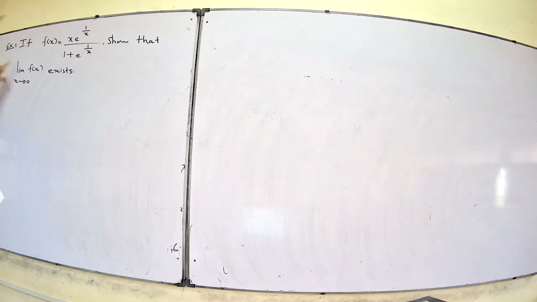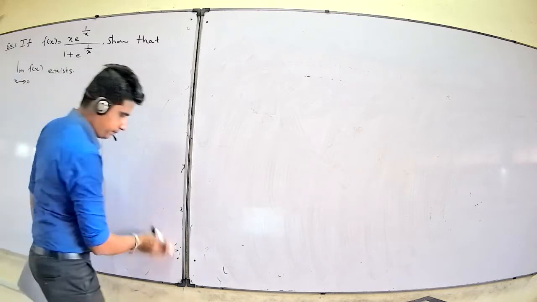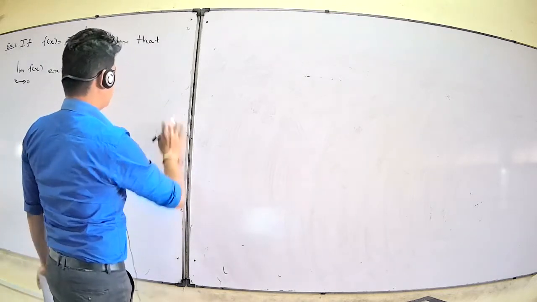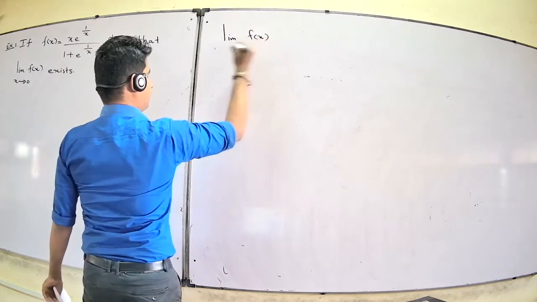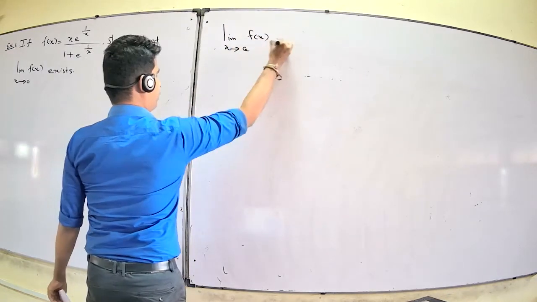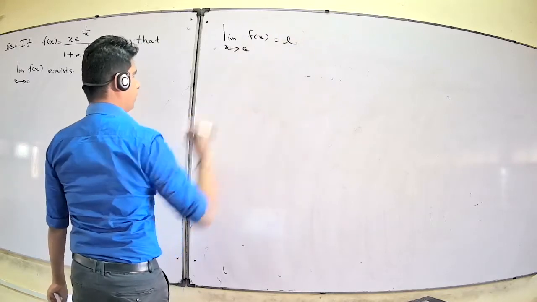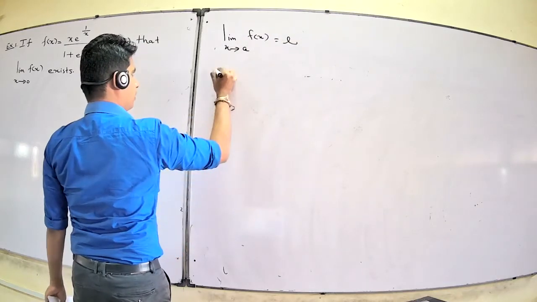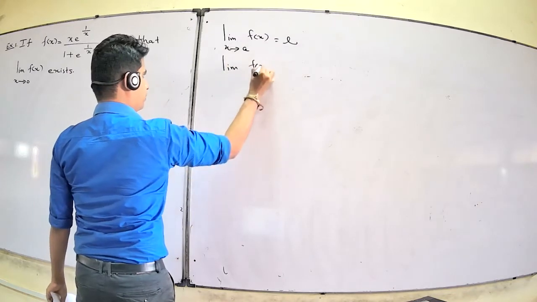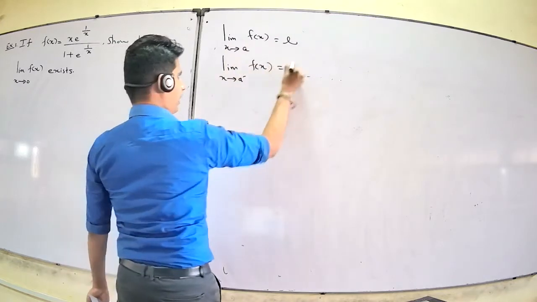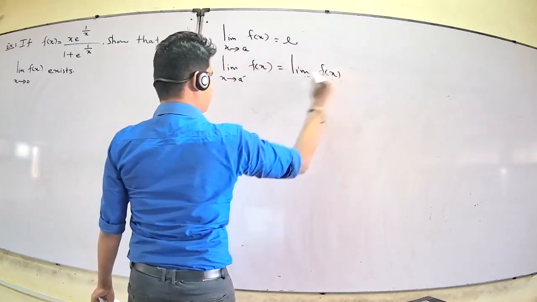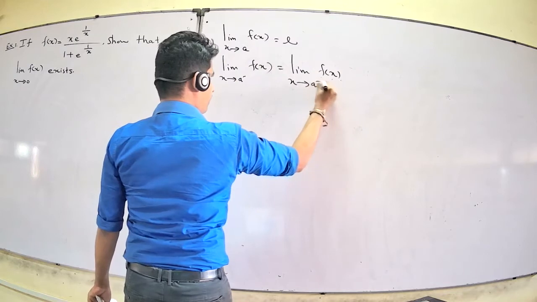For this question, first of all, you want to understand what it means for this limit to exist. Suppose the limit of f of x as x tends to a equals L. We have a theorem: the left limit, x tends to a minus, and the right limit, x tends to a plus.